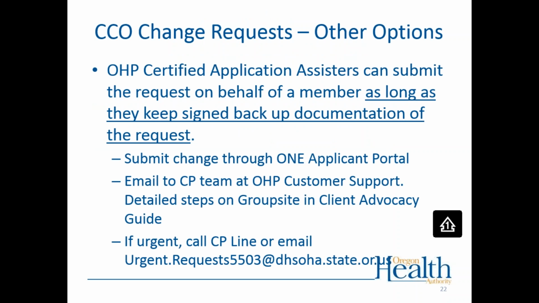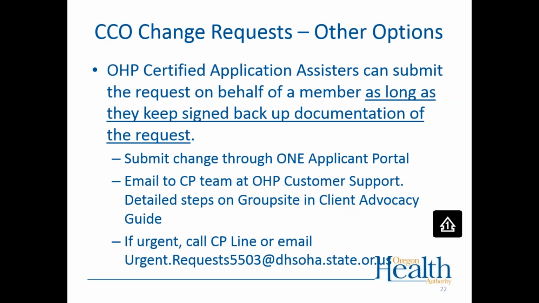For certified application assisters, there are other options as well. You can submit the request on behalf of a member to change their CCO as long as you keep a copy of the request that's signed by the member. Those changes can be requested through the One Applicant portal.